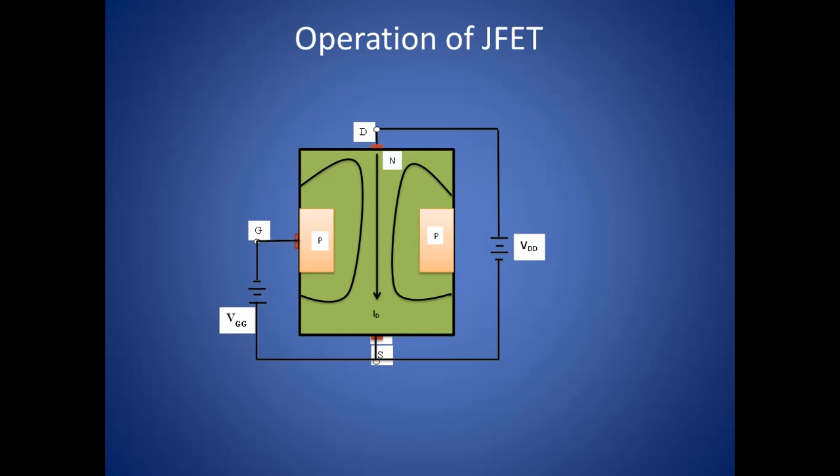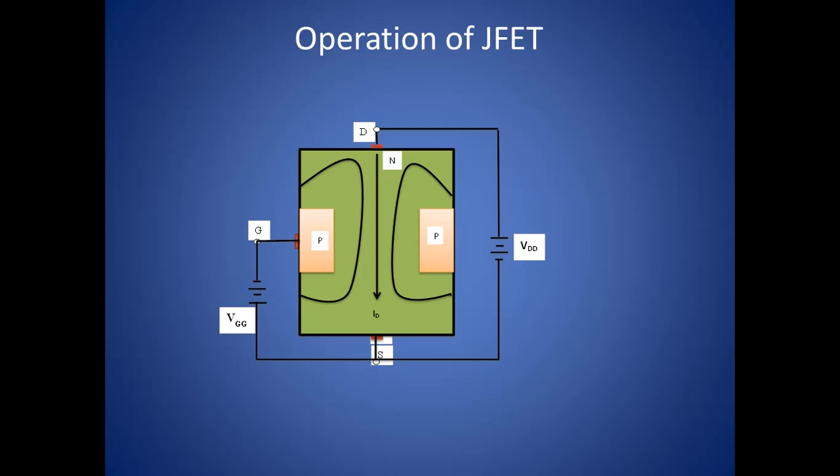The reverse bias voltage: when a gate to source voltage is applied and increased above zero value, the reverse bias voltage across the gate and source junction is increased.